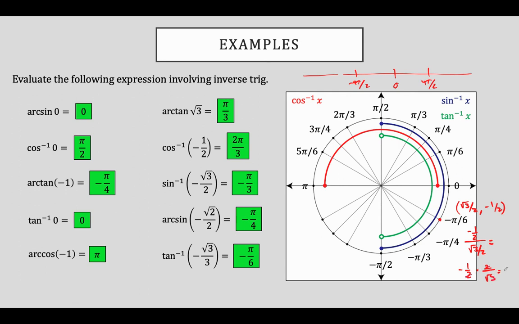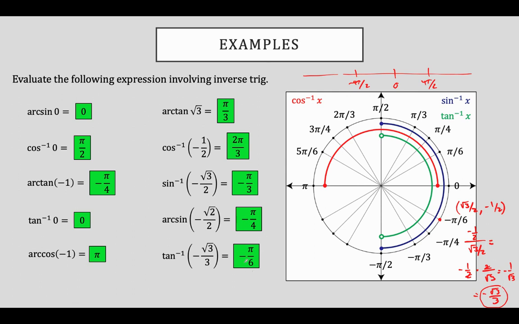We get -1/√3, which we then rationalize into -√3/3.